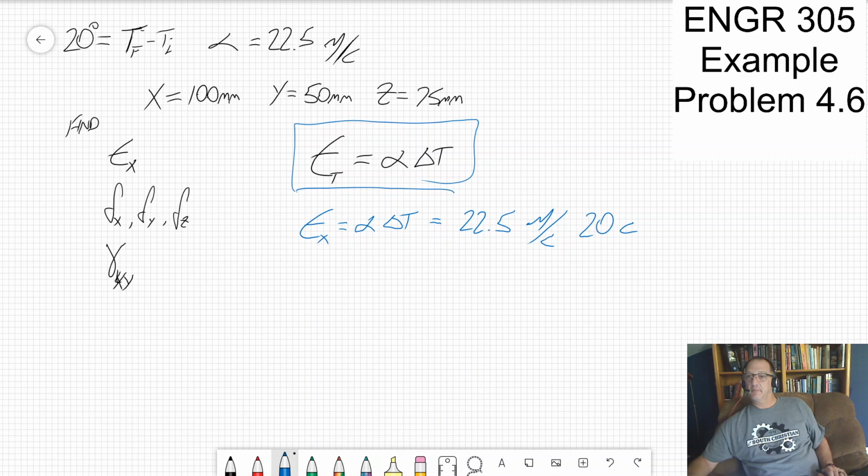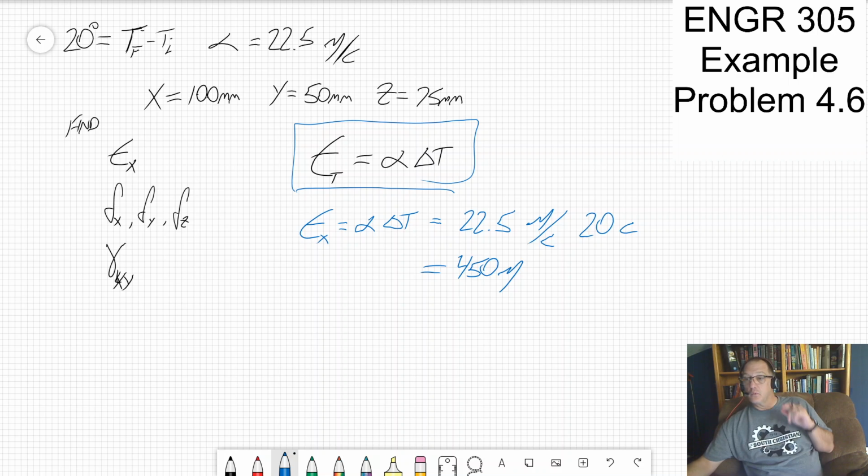That's equal to 450 micro. My C and C canceled. How is that different in the Y direction? It's not. It's not different in the Y direction.